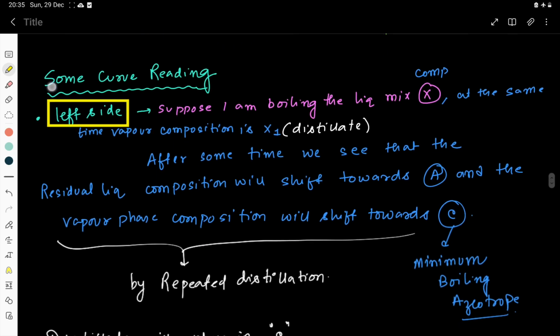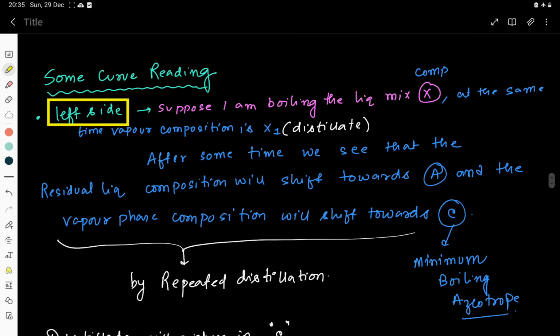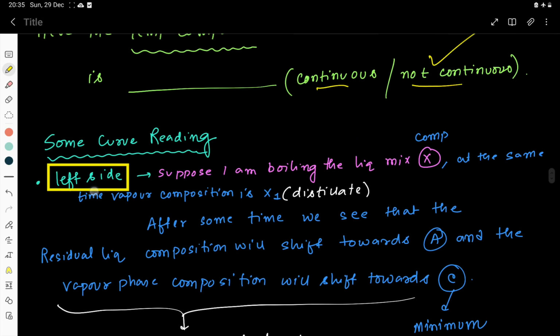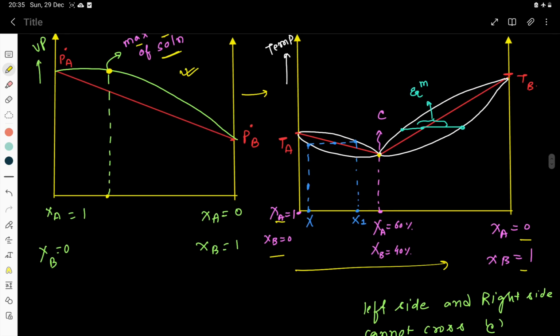So now we will do some curve reading. Curve reading means now we will analyze this curve, how this thing is happening. Suppose I'm boiling the liquid mixture of X composition. At the same time the vapor composition is X1.